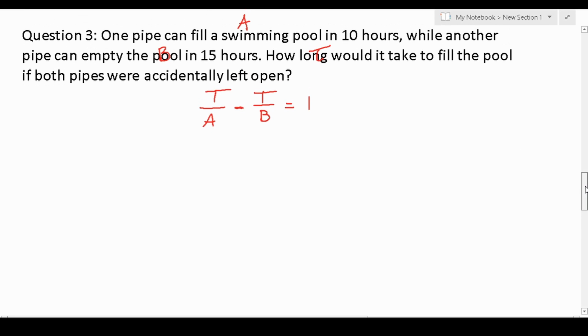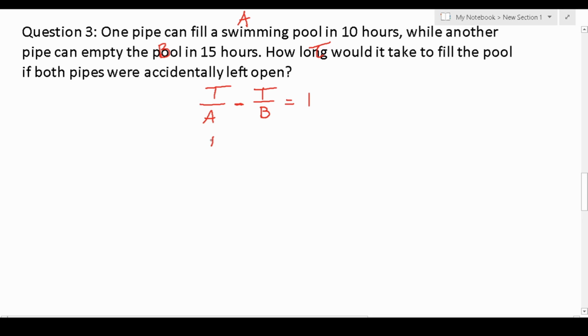Now let's fill in our values accordingly. This is going to be T over A is 10 hours minus T over B is 15 hours equals 1. Now we're just solving for T, as you can see. In this case, not surprisingly, we have to subtract two fractions, albeit with different denominators.